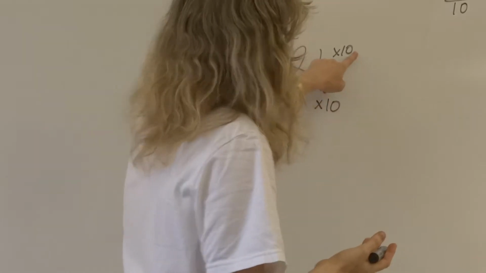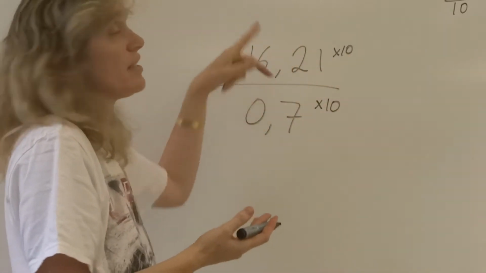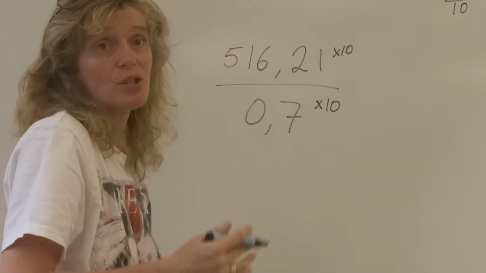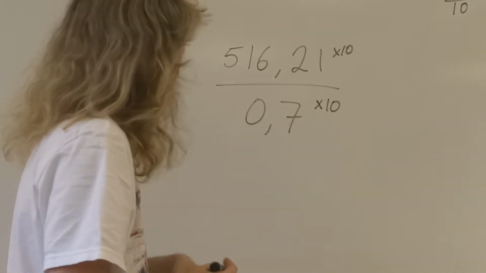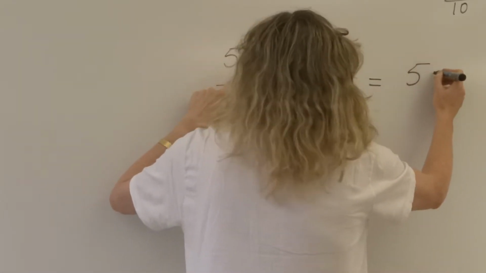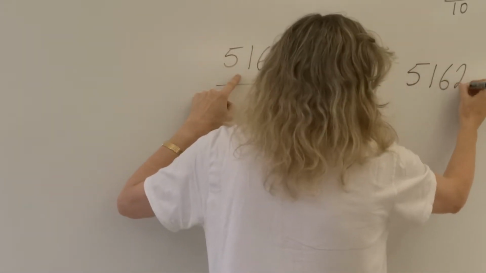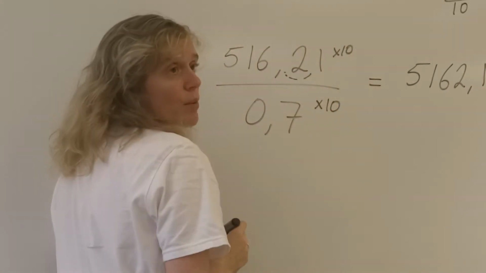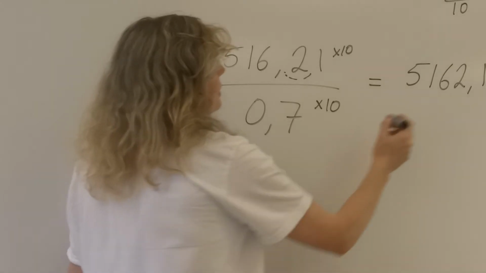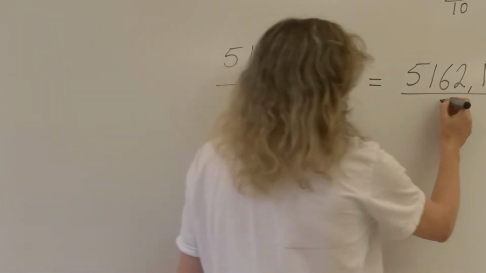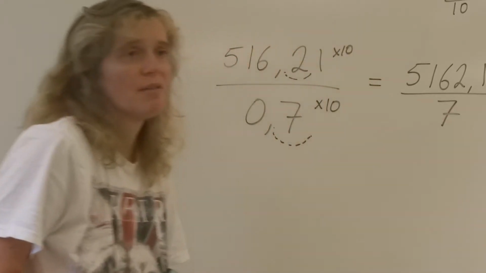So we're actually multiplying the whole of this by 1 in a way, because we're multiplying by 10 divided by 10, which is not changing it at all. So when we do that, we multiply the top one by 10, we get 5,162.1. We move the decimal point 1 place to the right when we multiply by 10. Divided by 0.7, move 1 place to the right, divided by 7.